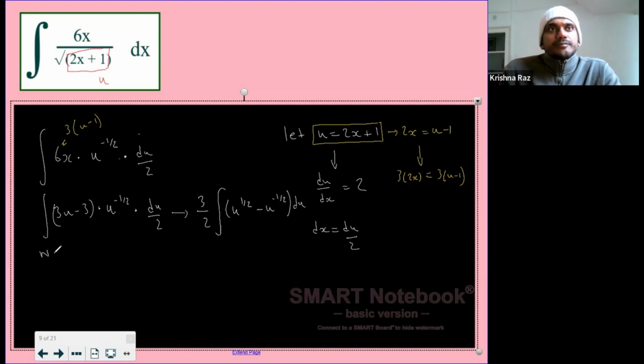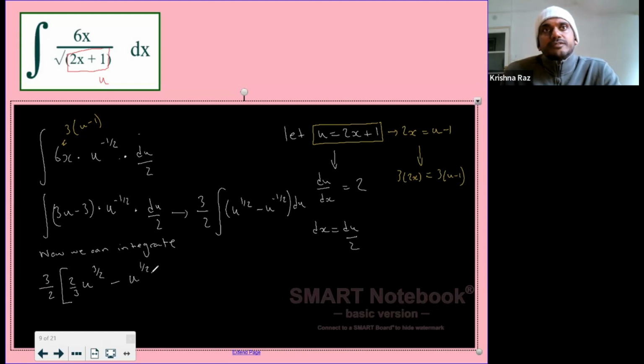Now we can integrate. So we have 3 over 2 of u to the half plus 1, which is u to 3 over 2, divided by 3 over 2, the same as times by 2/3. And then we have minus u to the minus half plus 1, which is u to the half, dividing by half, same as times by 2.